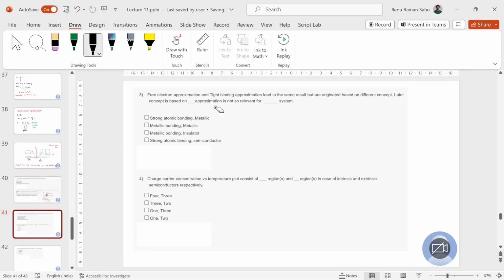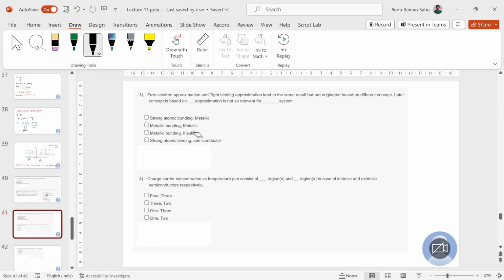What about this? Free electron approximation and tight binding approximation lead to the same result, but originated based on different concepts. So the tight binding approximation is based on strong atomic bonding, and is not so relevant for semiconductor systems.